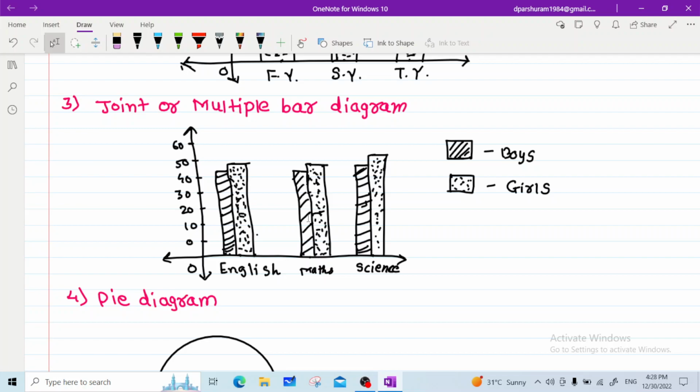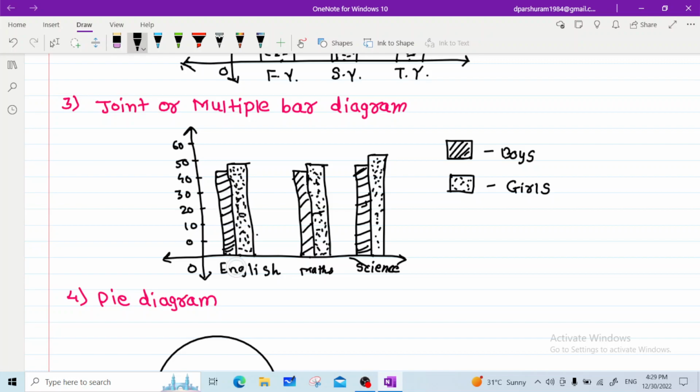There is a problem 3. Represent the following data using joint bar chart. There are given some subjects and respective boys and girls. For subject English, there are 44 boys and 48 girls. So we represent this by first putting the subjects on the x-axis, that is English, Maths, Science, and their respective boys and girls.